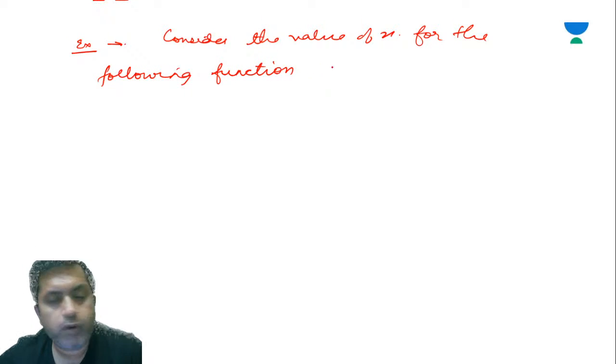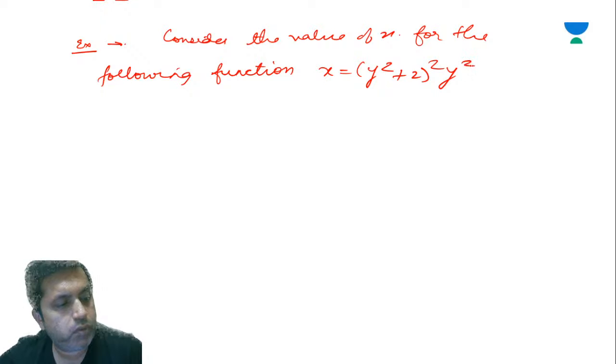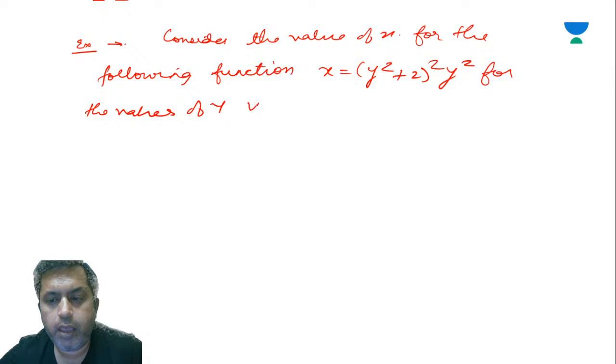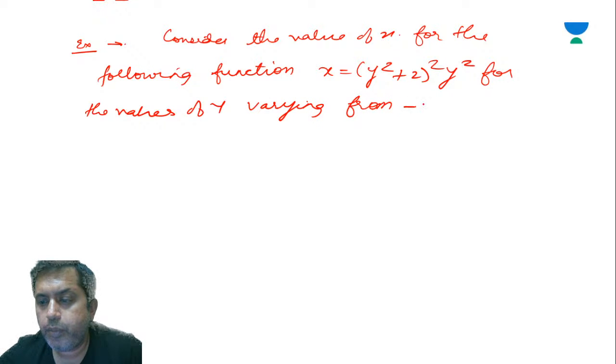What is the value of x for the following function? x equal to y square plus 2, whole square, y square, for the values of y varying from minus 0.4 to 4.